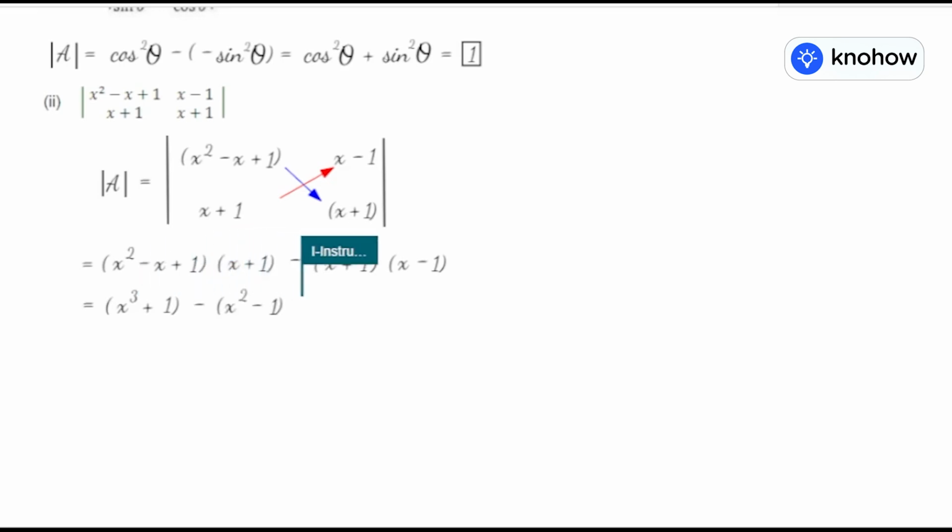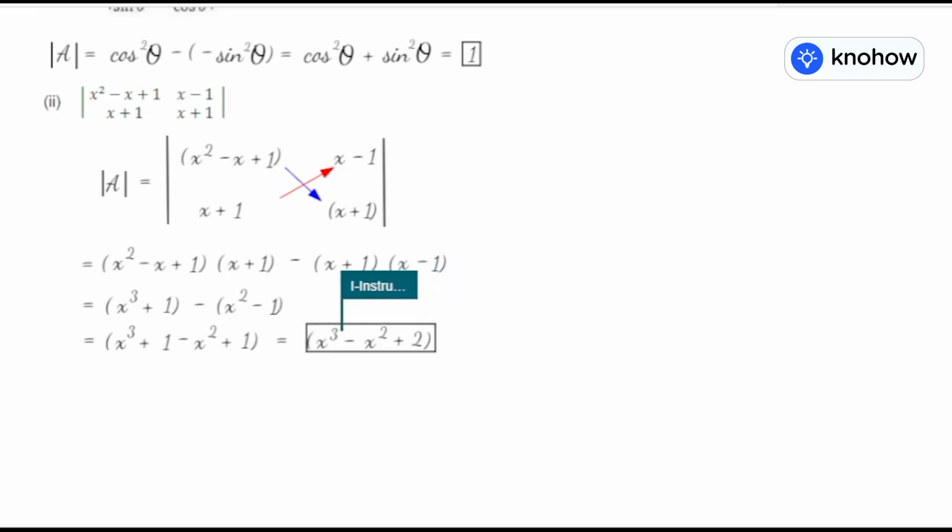Now just open the bracket, you get x cube plus 1 minus x square minus x plus 1, and add them up, you get x cube minus x square plus 2. So that is the value of the determinant, x cube minus x square plus 2.